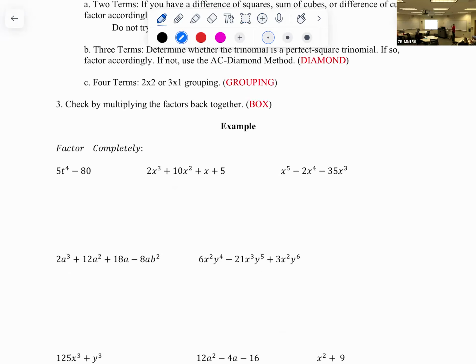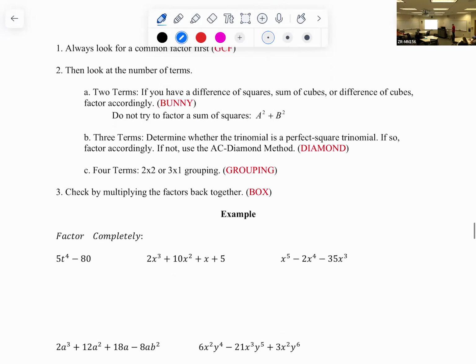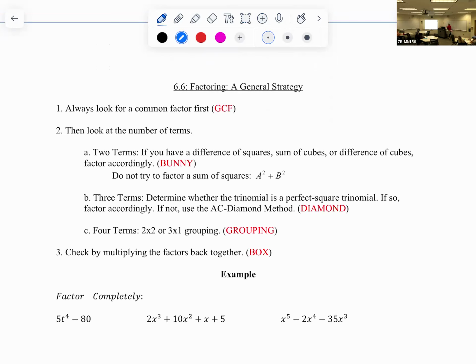It says factor completely. You want to break it down to its base components in their entirety. So all these pieces that we talked about: greatest common factor, pull it on out.